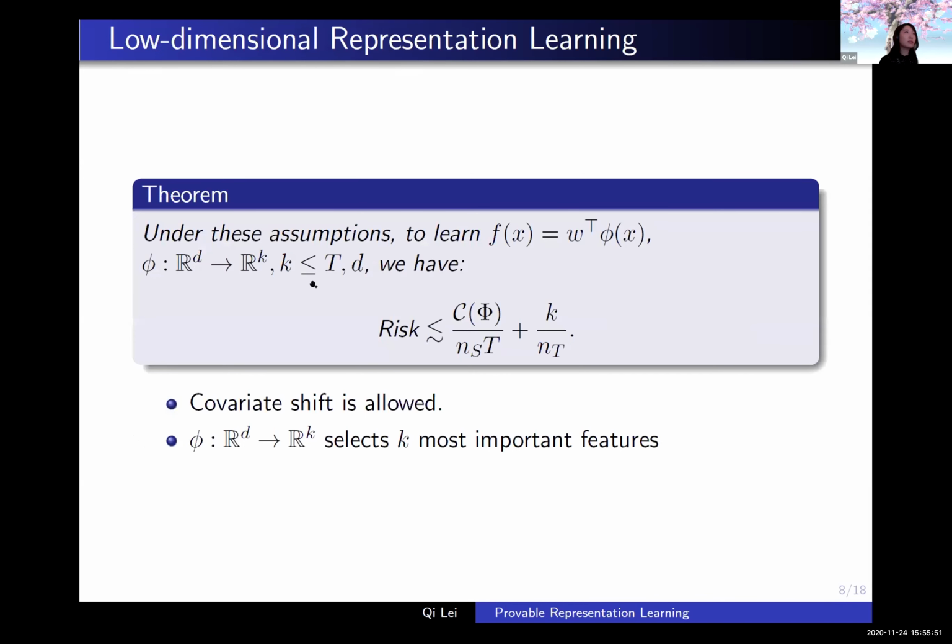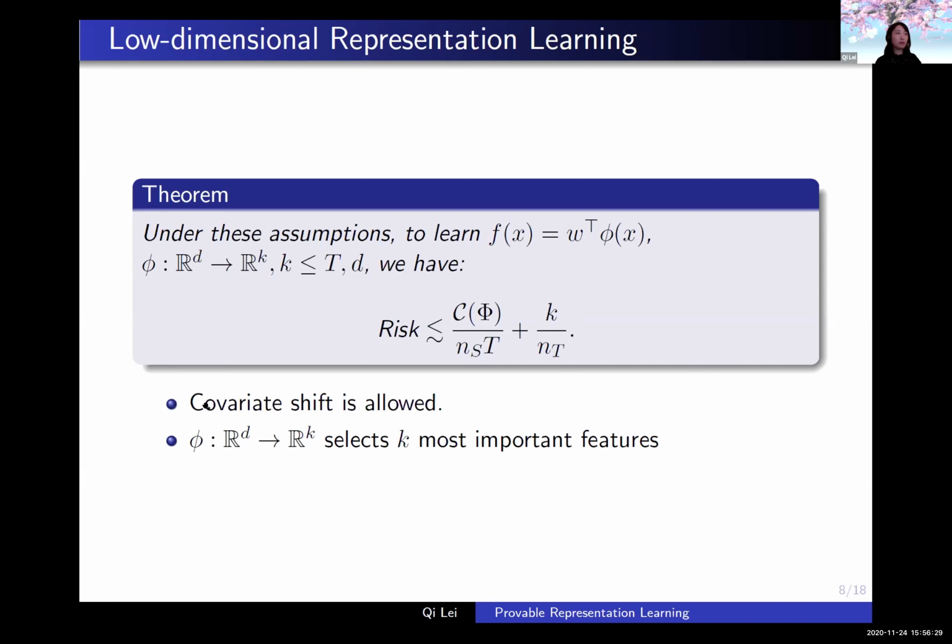We have some results on low-dimensional representation learning. Under the assumptions mentioned before, we can show that the excess risk is upper bounded by the complexity of the representation function class divided by all the samples, n_s times T, plus the dimension of the linear layer divided by n_s. We need this k, the representation dimension, to be smaller than the number of tasks and the dimension.